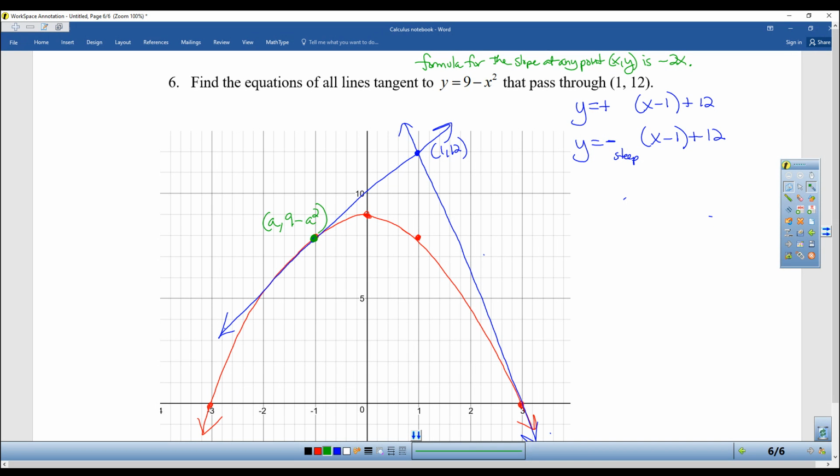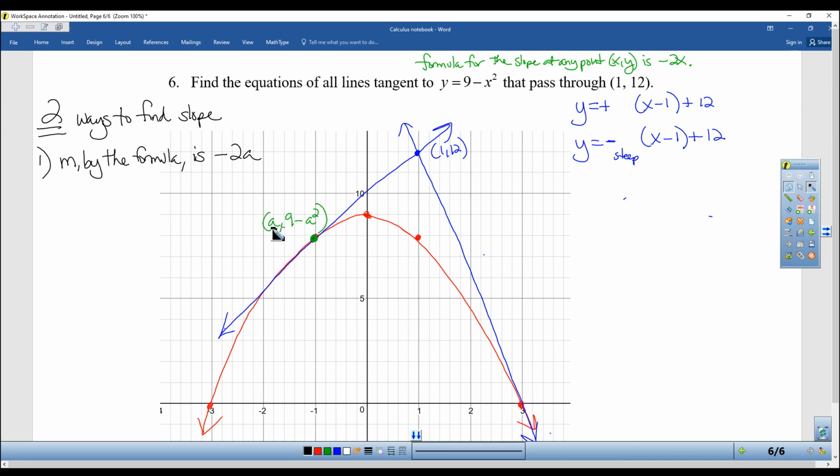So here's what you need to know about this problem, and that is that there are 2 ways to find slope. One is that the slope by the formula is -2a. Think about that. I told you that the formula for the slope was -2x.